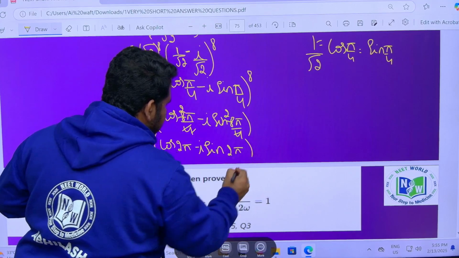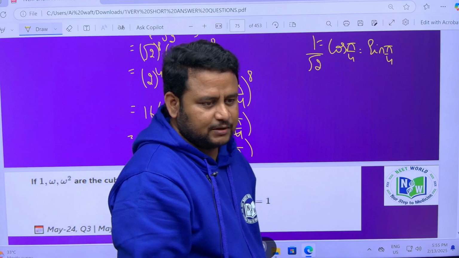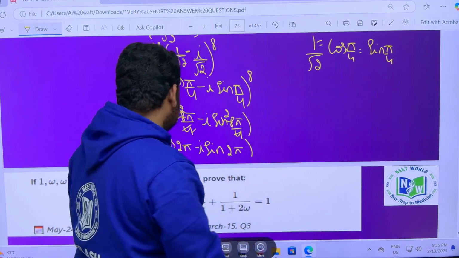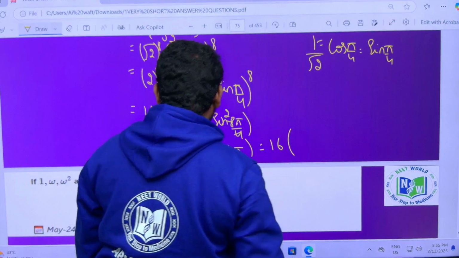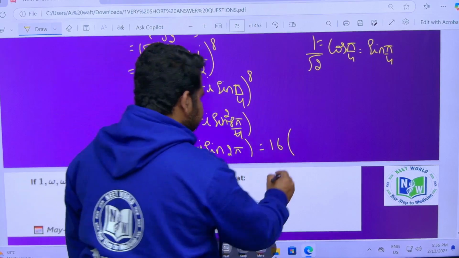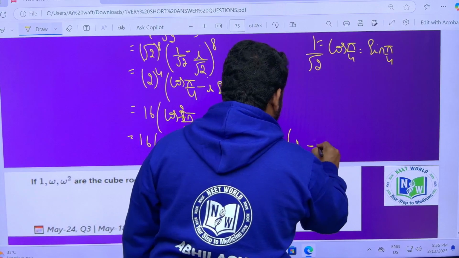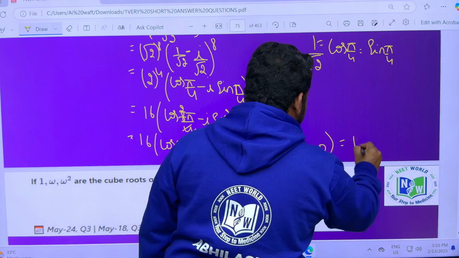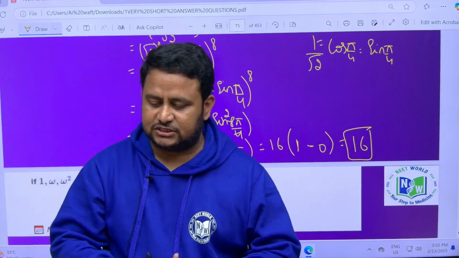I told you cos of even pi is plus 1 and sine of any pi is 0. So this will become equal to 16 into cos of 2 pi, which is plus 1, minus i sine 2 pi, which is 0. So the value of this will be equal to 16. The correct answer to this question is 16, friends.